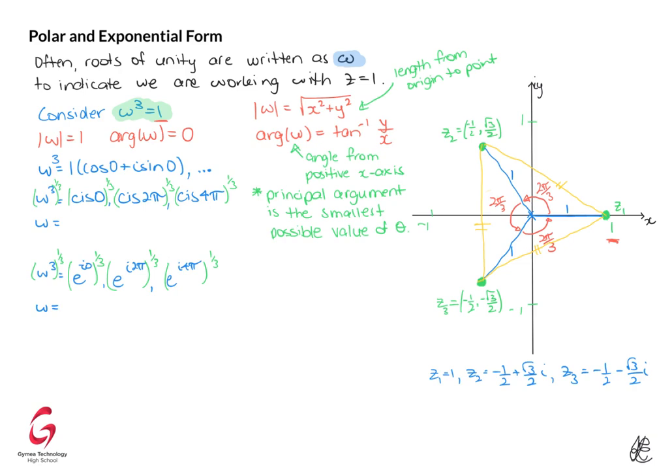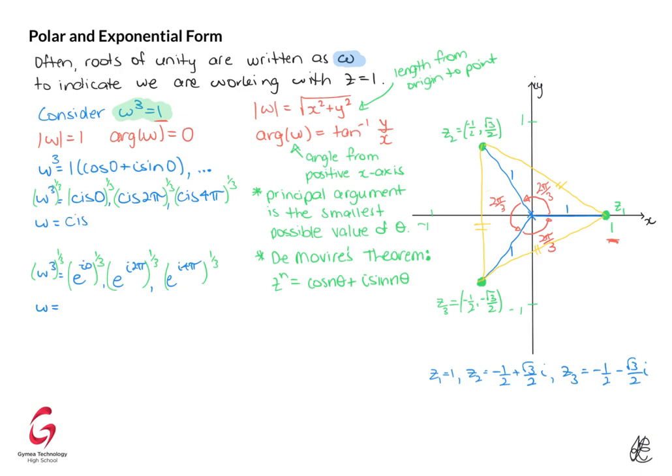So in polar form, or modulus argument form, we know that as we take powers of those numbers, it brings into play de Moivre's theorem, which says that I can divide each of my arguments here by 3.